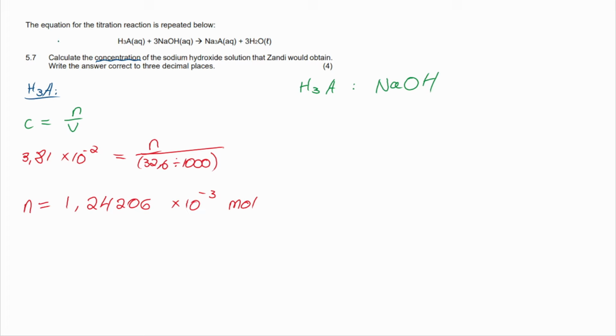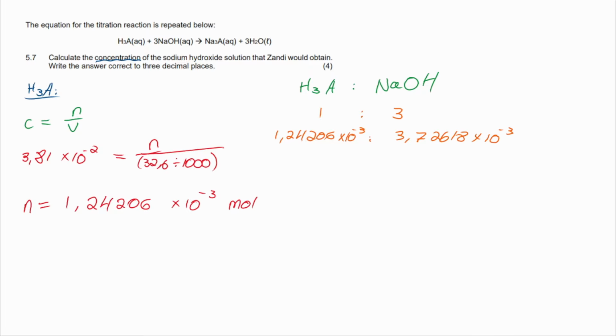So I write down my basic mole ratio, which is 1 to 3, but what I actually have is 1.24206 times 10 to the minus 3 moles of that. Then to get the moles of the sodium hydroxide, I take my previous answer times 3, and I get 3.72618 times 10 to the minus 3.